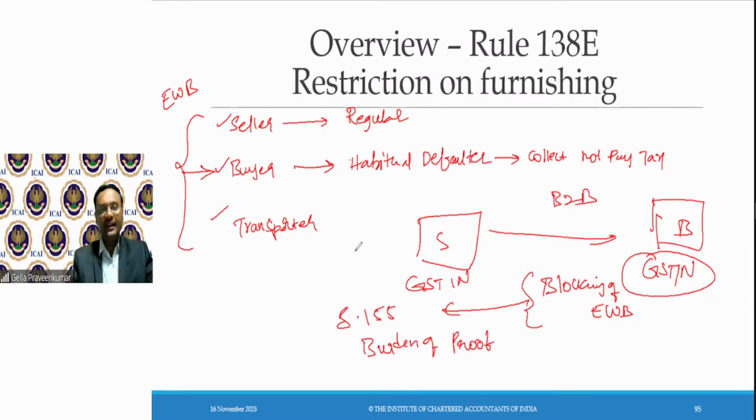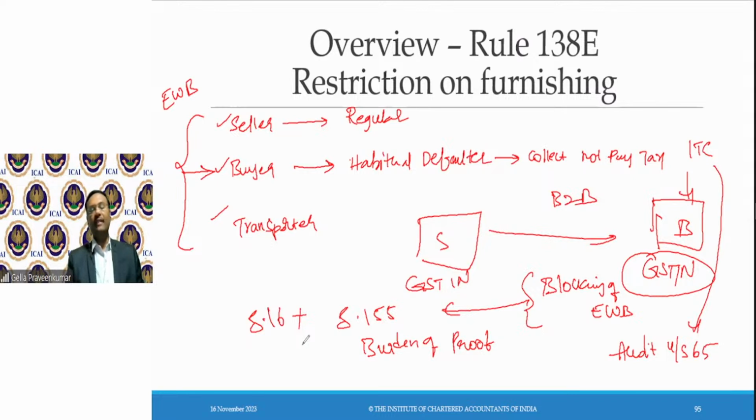If it is a B2B transaction, this buyer wants to claim input tax credit at the time of department audit under section 65. When the input tax credit has to be claimed, section 16 deals with input tax credit, and section 155 says the buyer has the burden to prove that he is eligible for input tax credit. The assessing officer will say, show me where is the e-way bill. The e-way bill cannot be prepared.